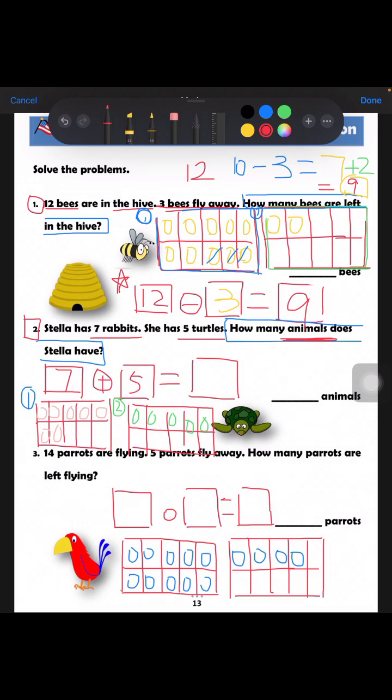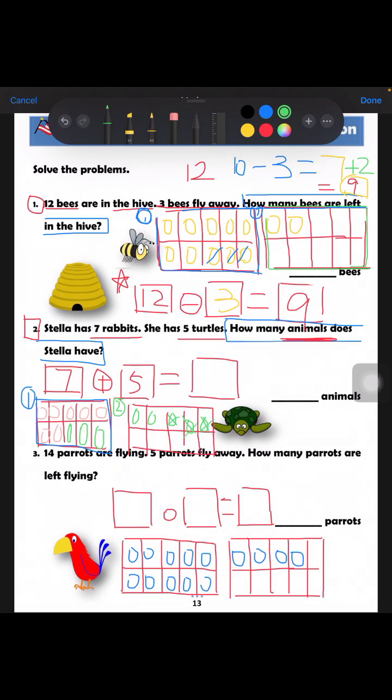Do you still remember the make 10 method? Okay, so take a look at the first 10-frame set. If we want to make 10, how many more circles do we need? Yes, we need 3 more circles. So remove 3 circles from the second set to the first set.